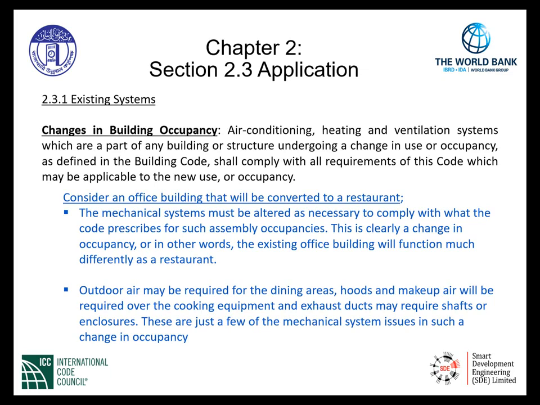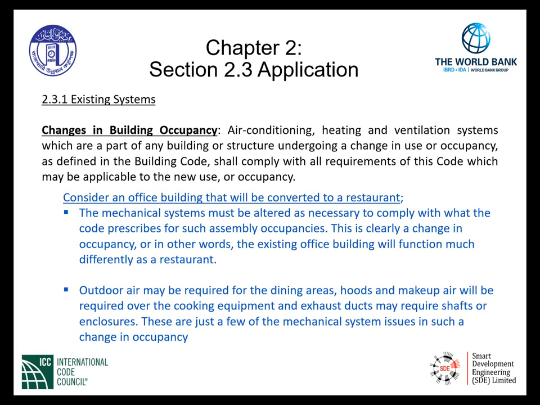This is clearly a change in occupancy, or in other words, the existing office building will function much differently as a restaurant. The restaurant is more densely populated in the dining room, whereas if you have an office building, we do not have such a dense population occurring in office buildings.